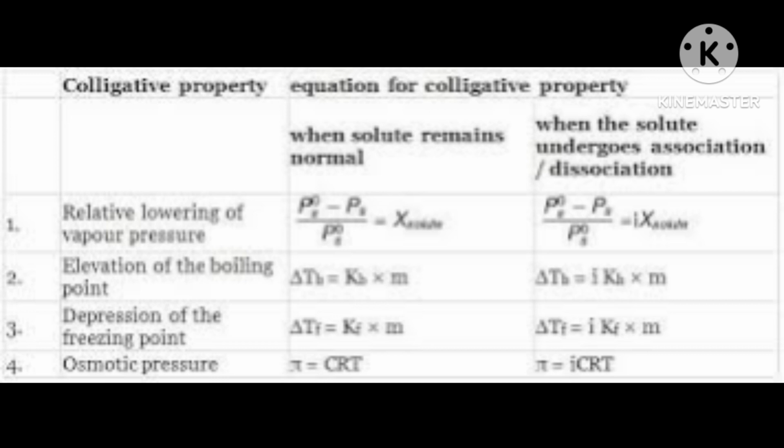Correct? And on the same basis you can tell it also in terms of moles. i can also be defined in terms of moles, meaning i is equal to the total number of moles of particles after association or dissociation divided by the number of moles of particles before association or dissociation.